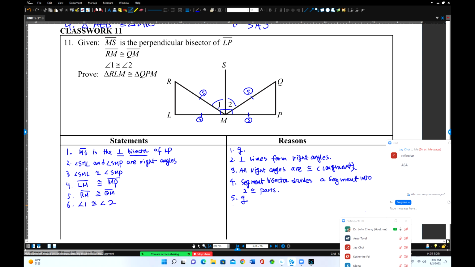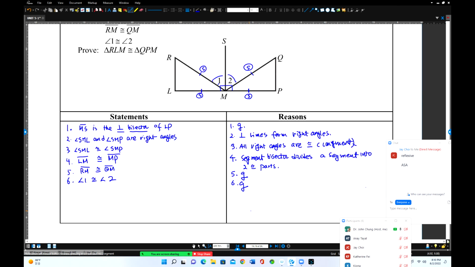This is also given. I think we'd better write the givens at the same time, but that's fine. You can write all the givens first and then continue. I'm going to separate them. From the givens, we find out some things.